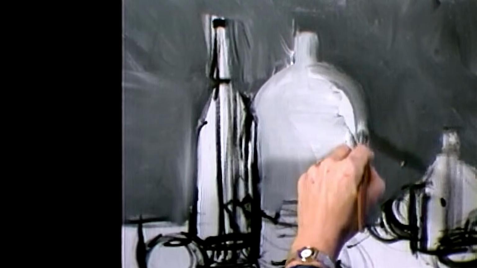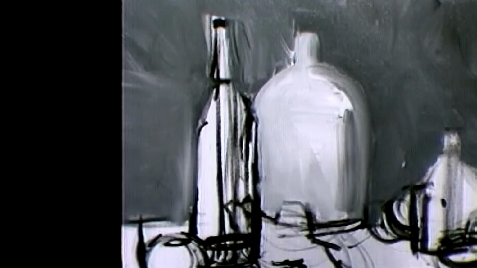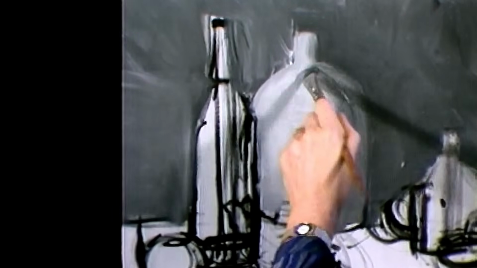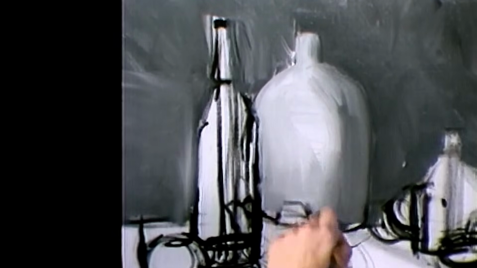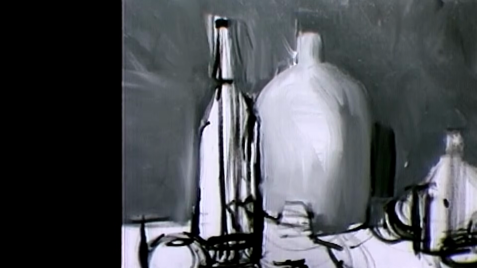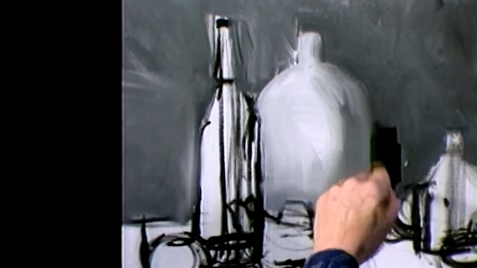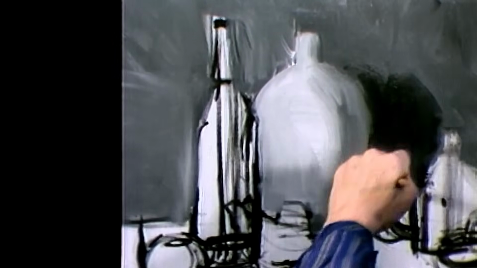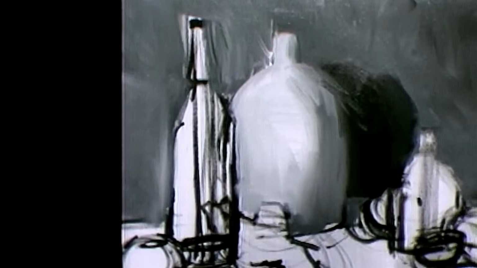Now I'm filling this side of the jug in with a darker tone because this is where I see the body shadow. I'm also going to make this darker because this is going to be the cast shadow from it, to help it look as though it takes up some space on the canvas.